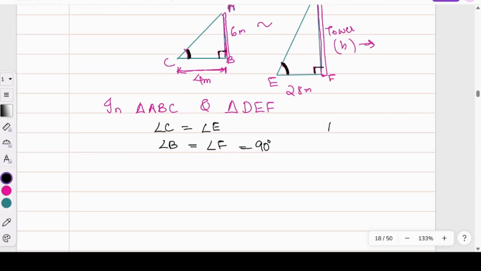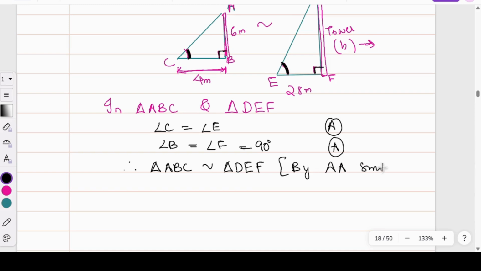Now we have proved two angles, right? Therefore we can write, therefore triangle ABC, it is similar to the triangle DEF using which criteria? By AA similarity criterion. Okay, we can prove that these two triangles are similar.